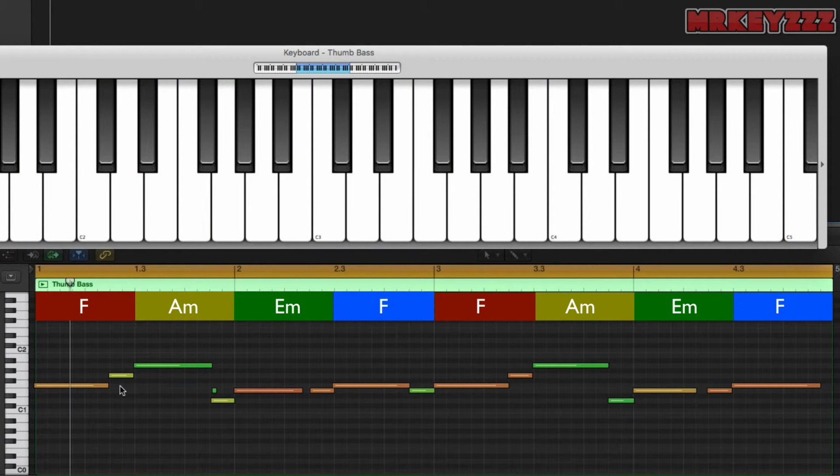So the rhythm that I used for the lower neighbor was an 8th note, and you can see how it's borrowing some time. And here's the lower neighbor to A minor, here's the lower neighbor to E minor, and then the lower neighbor to F major again as the pattern repeats itself.